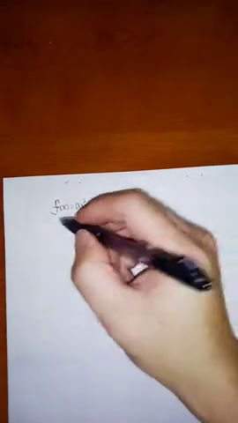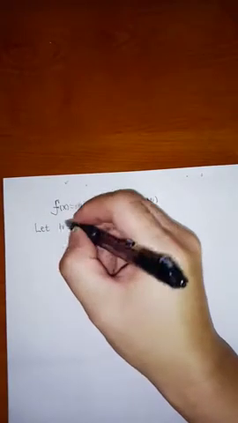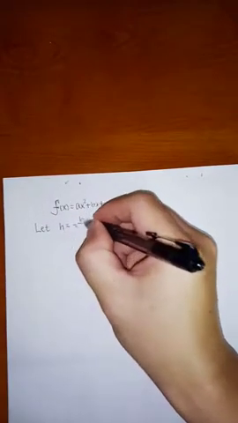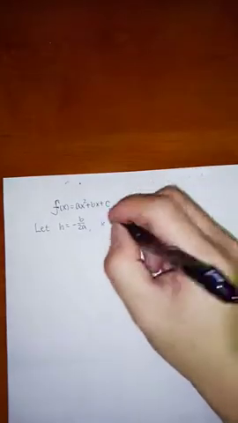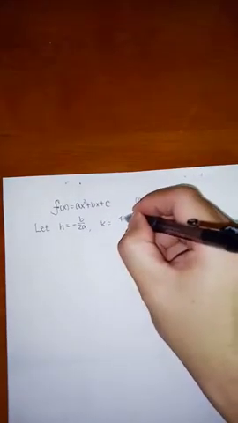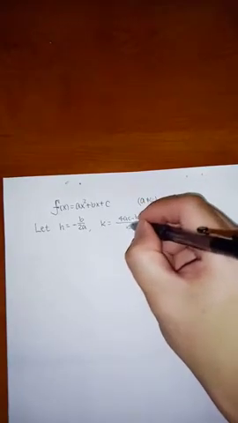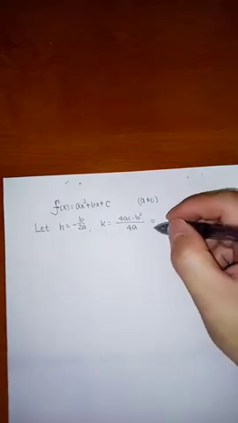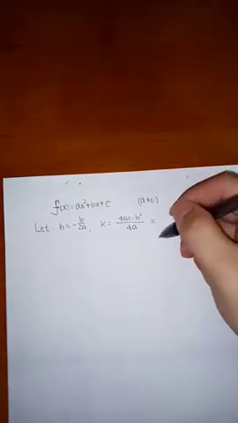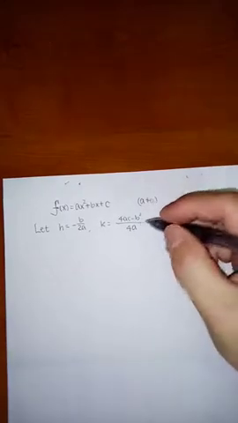Then let h be negative b over 2a, and k is 4ac minus b squared over 4a. If you examine it, it's also actually the value when x is equal to h.